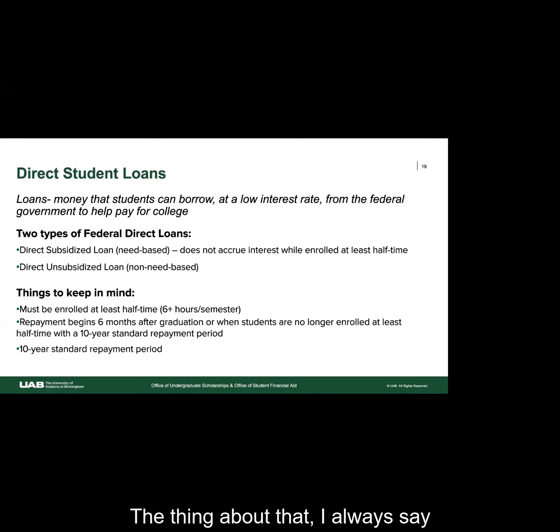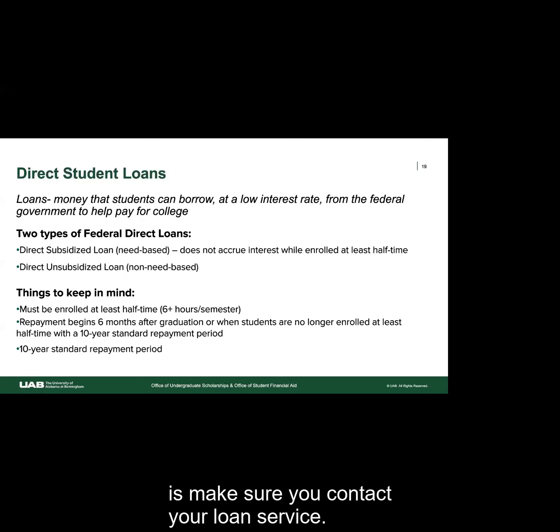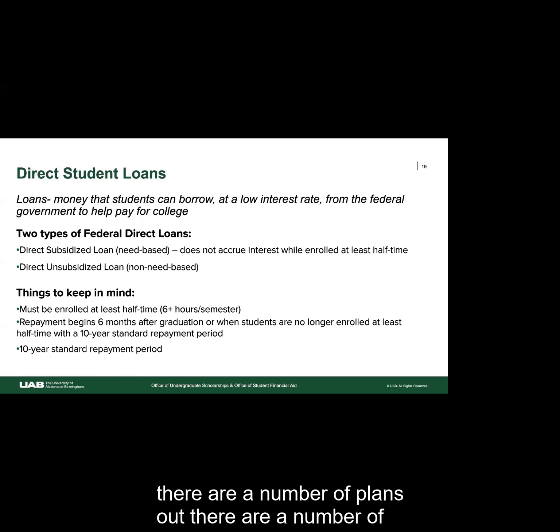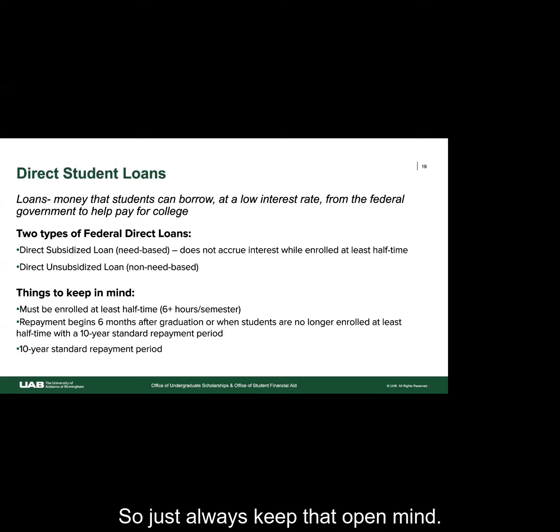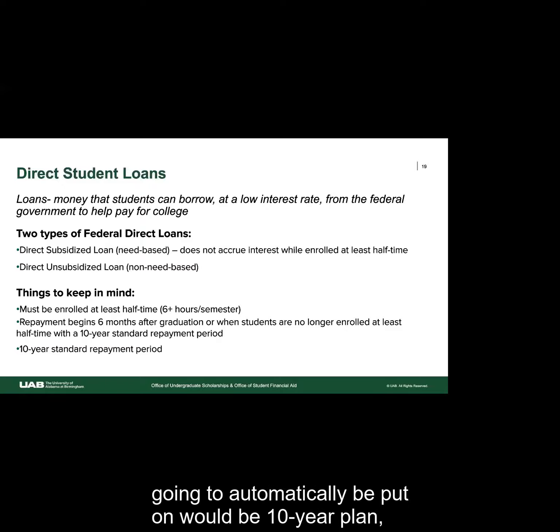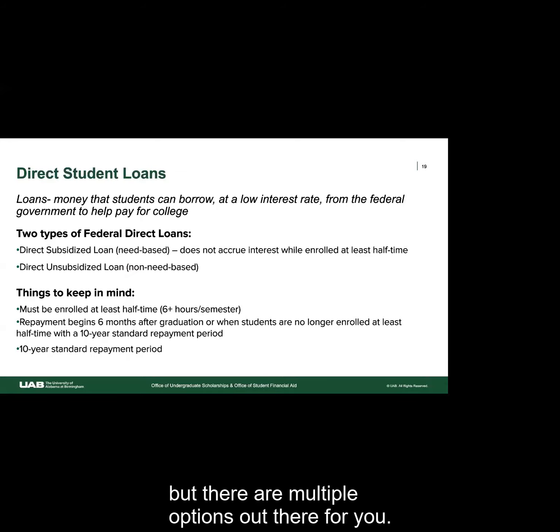I always say make sure you contact your loan servicer. That is the best way because there are a number of plans that are beneficial to students and borrowers, so always keep an open mind. The standard plan you're normally automatically put on is the 10-year plan, but there are multiple options out there for you.